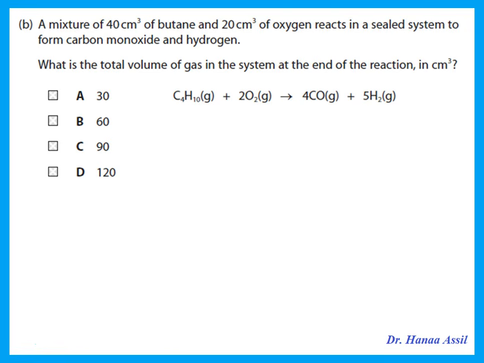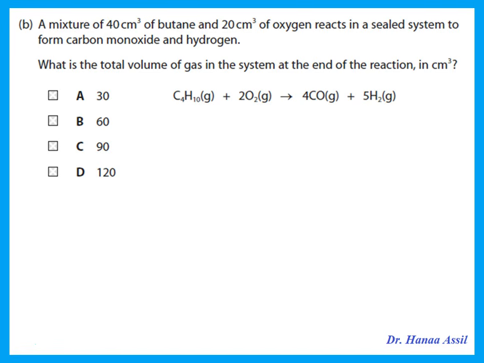Well, let's take a look. What is happening if he puts 40 cm³ of butane? Remember that we can relate directly from the equation either the number of moles or the volume of gases. The equation says if I start with 1 mole of butane, I need 2 moles of oxygen. So the number of moles of oxygen should be twice. So if I put 40 cm³ of butane, what I need is 80 cm³ of oxygen. So the butane is in excess.